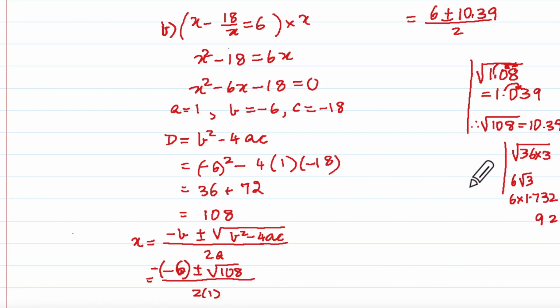Rather than doing this, you wanted to do 6 plus or minus 6 root 3 upon 2. Take out 6 common. That's what you wanted to do, no? Yes, of course you can do that also. So this will be equal to 6 plus 10.39.